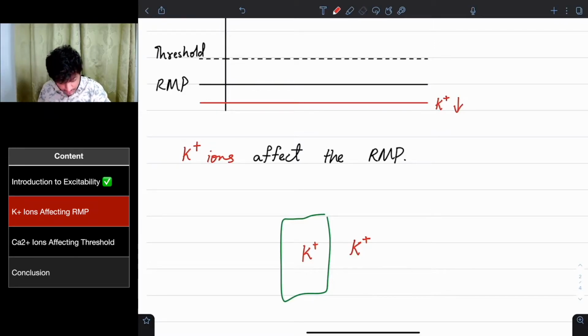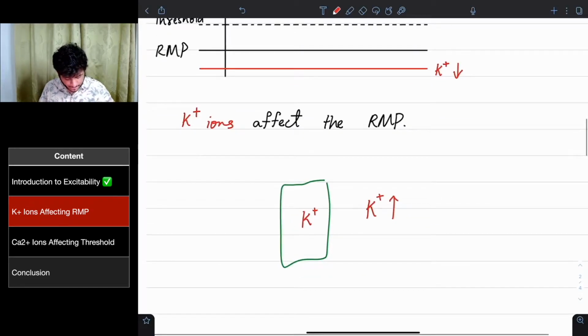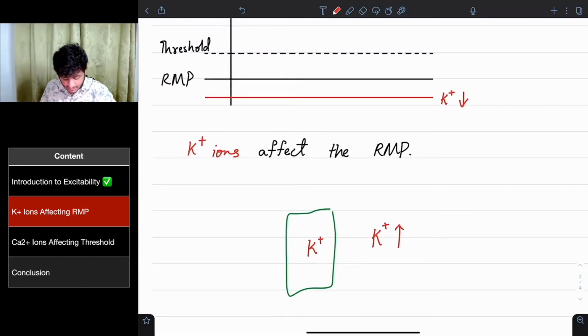Now, suppose the potassium ion concentration in the blood increases, okay? This condition is called hyperkalemia, okay? This means that the potassium ions would diffuse into the cell, right?